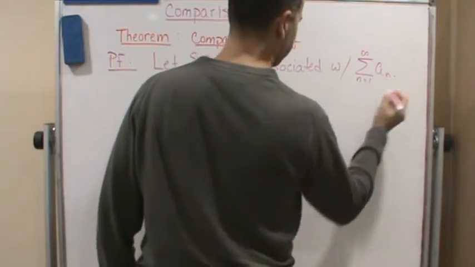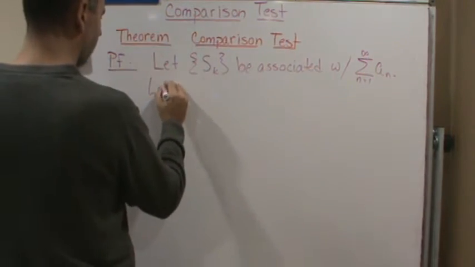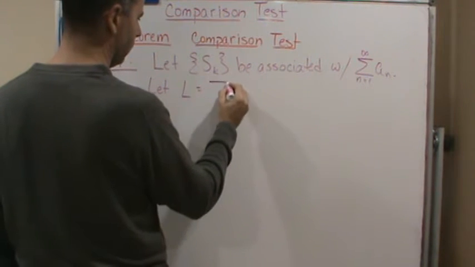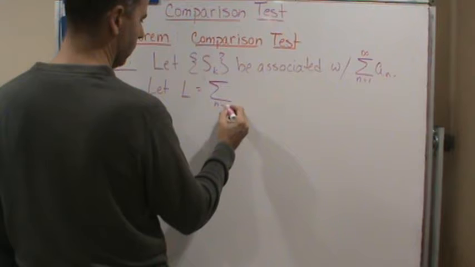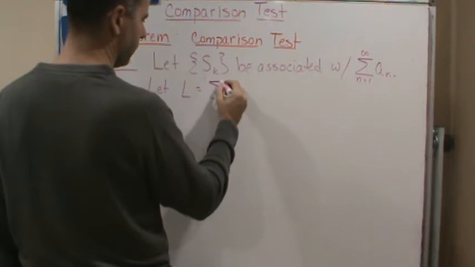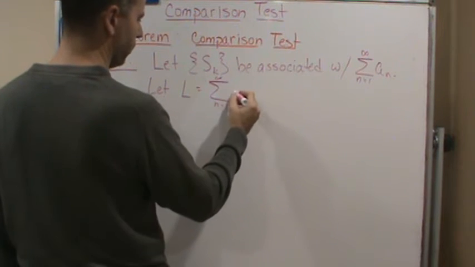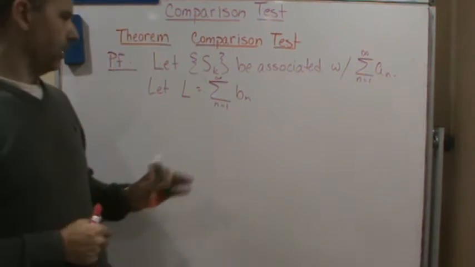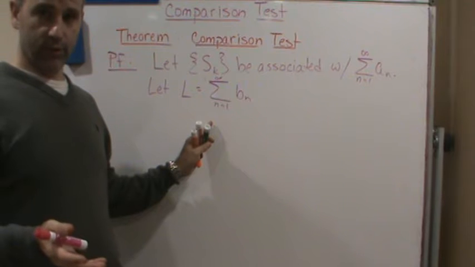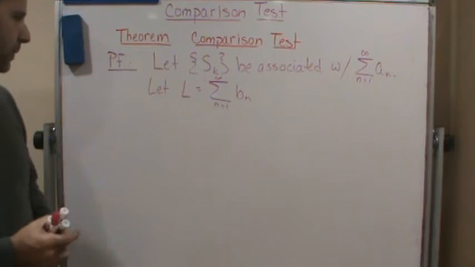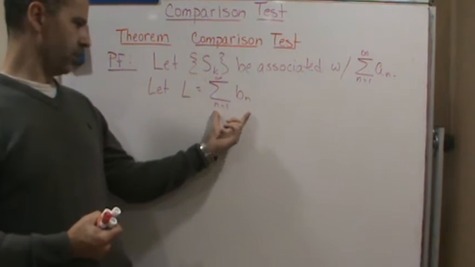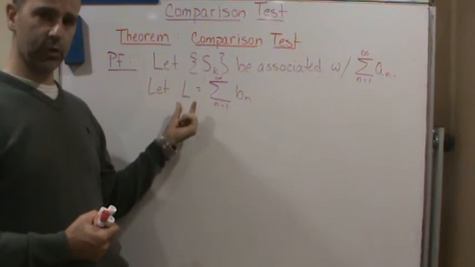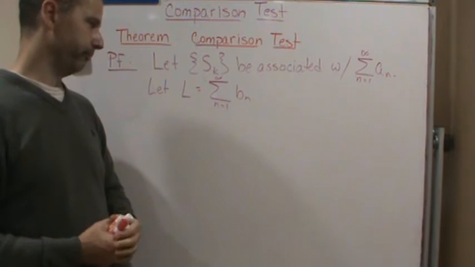Also, let L equal the infinite series from n equals 1 to infinity of b sub n, since b sub n is converging. So since b sub n is converging, we're going to let that real number, whatever it converges to, be equal to L.